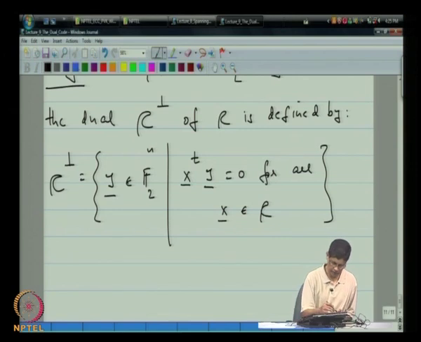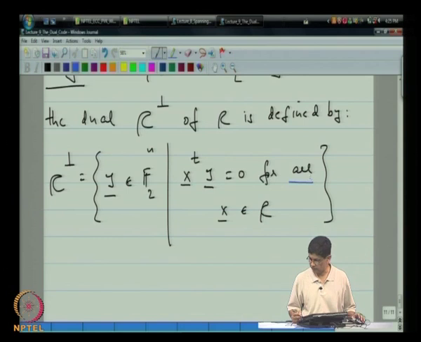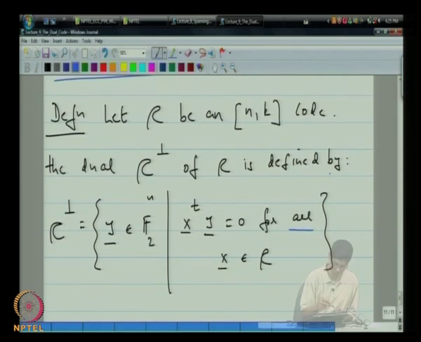It is important that this is for all. So, this is what is meant by the dual of the code.